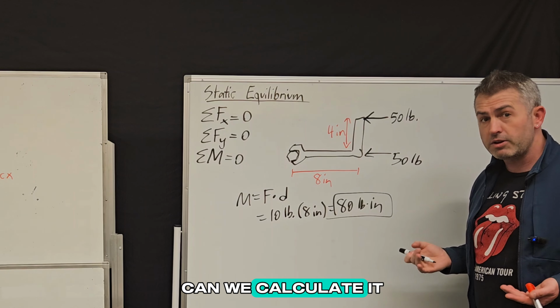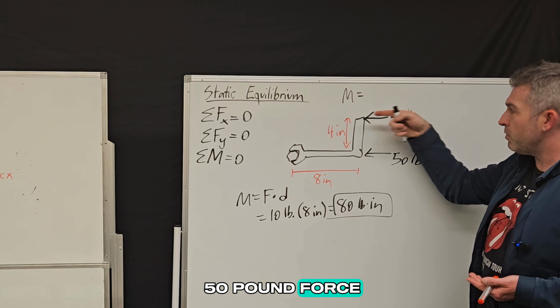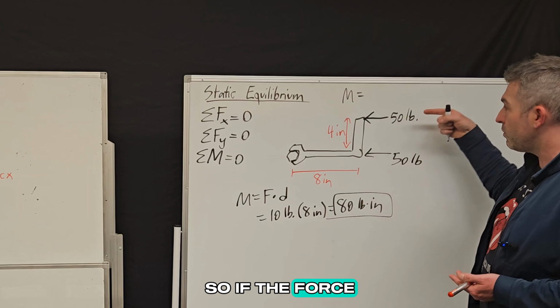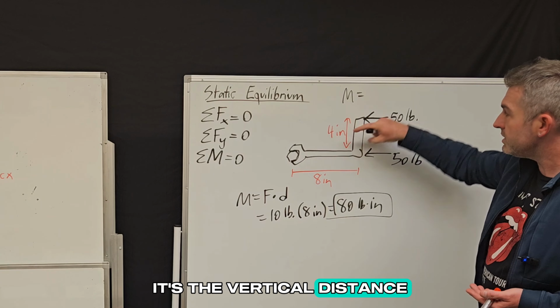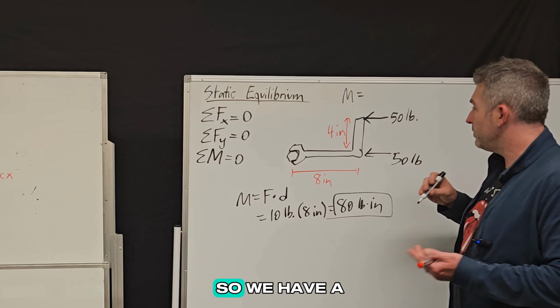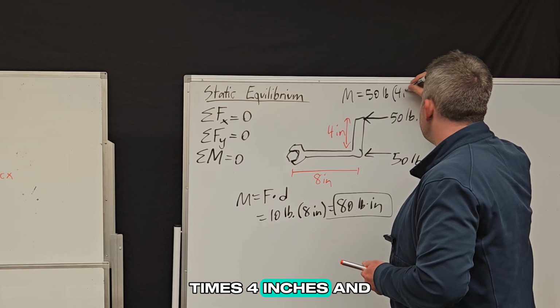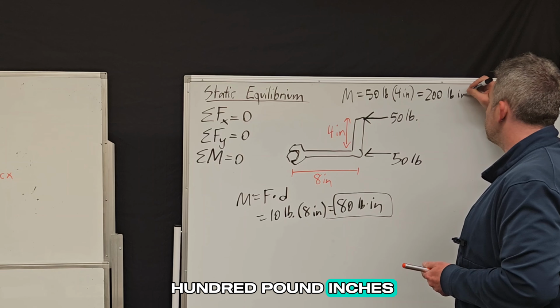And if I did, can we calculate it? The answer is yes. So now there's a 50-pound force and there's a 4-inch perpendicular distance, right? So if the force is horizontal, the distance is vertical. It's the vertical distance between this force and where this bolt is, and that is 4 inches. So we have a moment of 50 pounds times 4 inches, and that gives us 200 pound-inches, right?